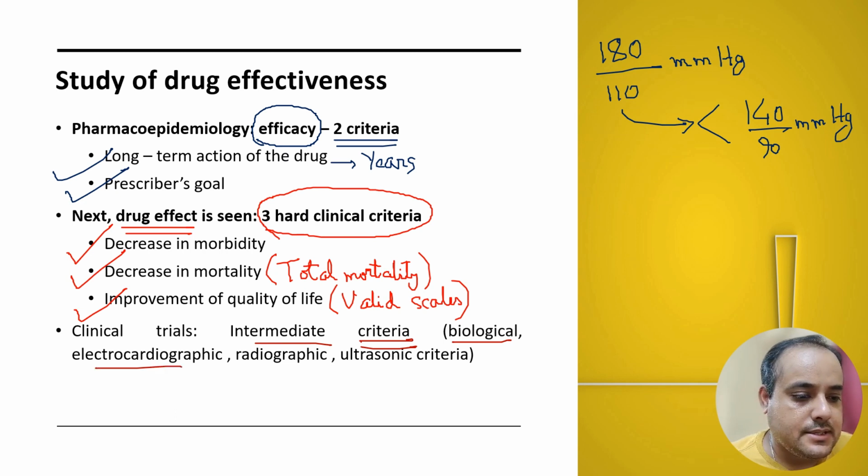There can be ECG evaluations, radiographic evaluations, ultrasound evaluations. All these evaluations are part of the intermediate criteria, not the hard clinical criteria. These hard clinical criteria are the ones which will actually go towards the rational prescription, and not these intermediate criteria.